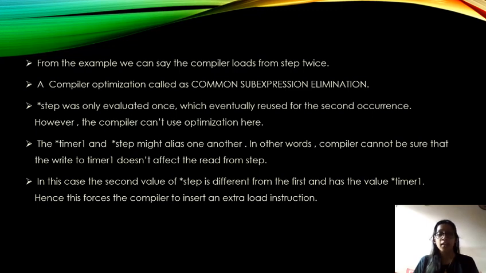In other words, the compiler cannot be sure that the write to timer 1 doesn't affect the read from step. In this case, the second value of pointer step is different from the first and has the value of pointer timer 1. Hence, this forced the compiler to insert an extra load instruction.